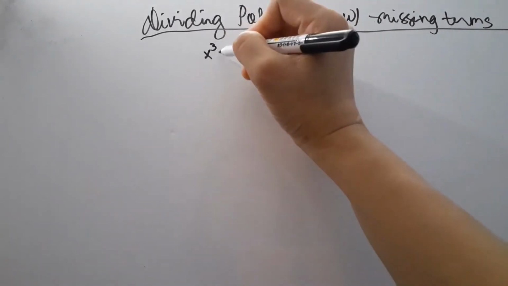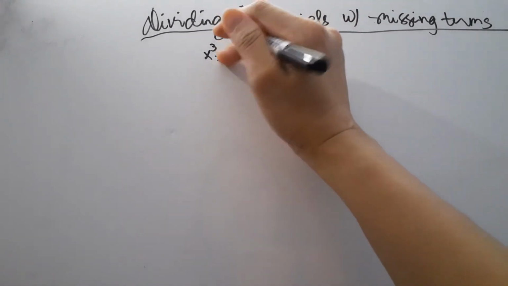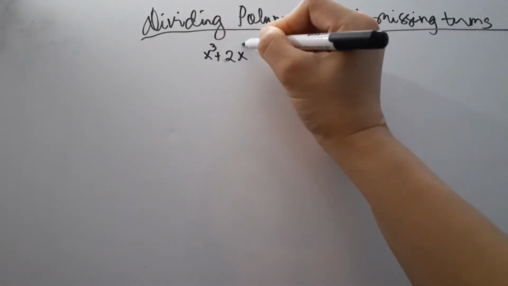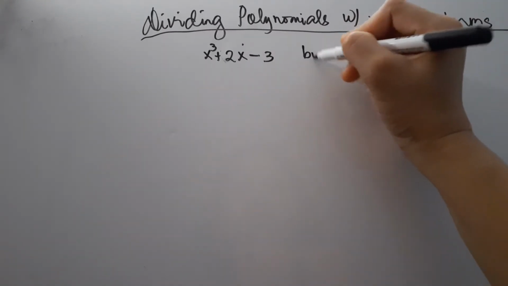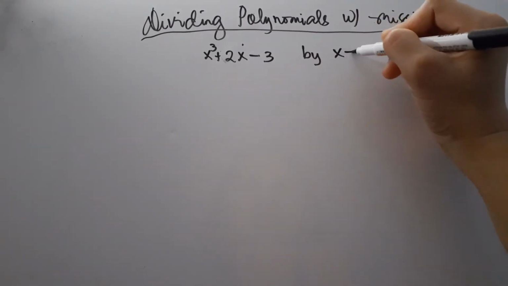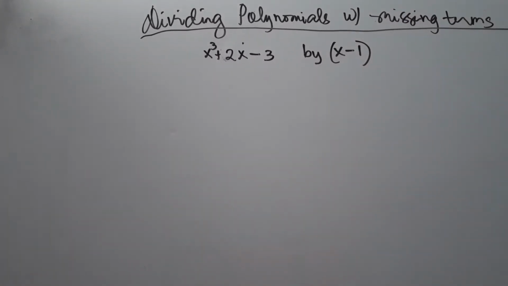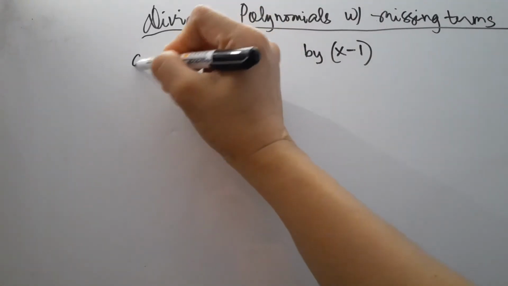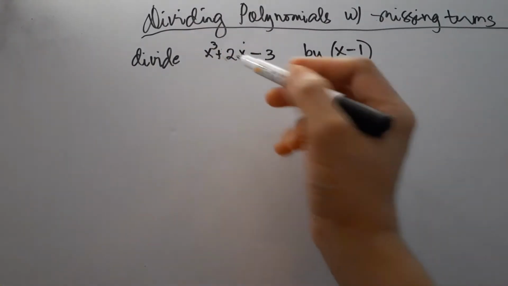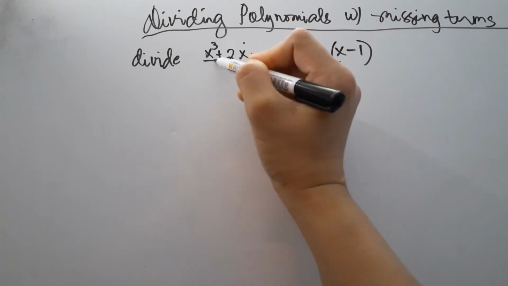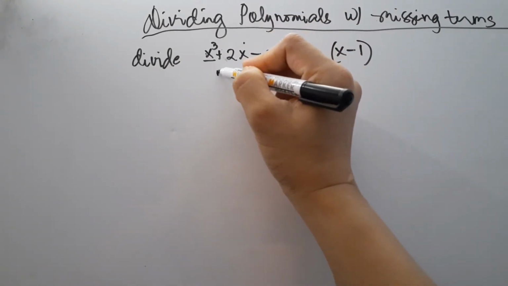Then what if we are dividing a polynomial with missing terms? We arrange our polynomial in descending powers before the beginning of the division process. So x cubed positive 2x negative 3, divided by x negative 1. Here x cubed is the first term and the missing term is x squared.